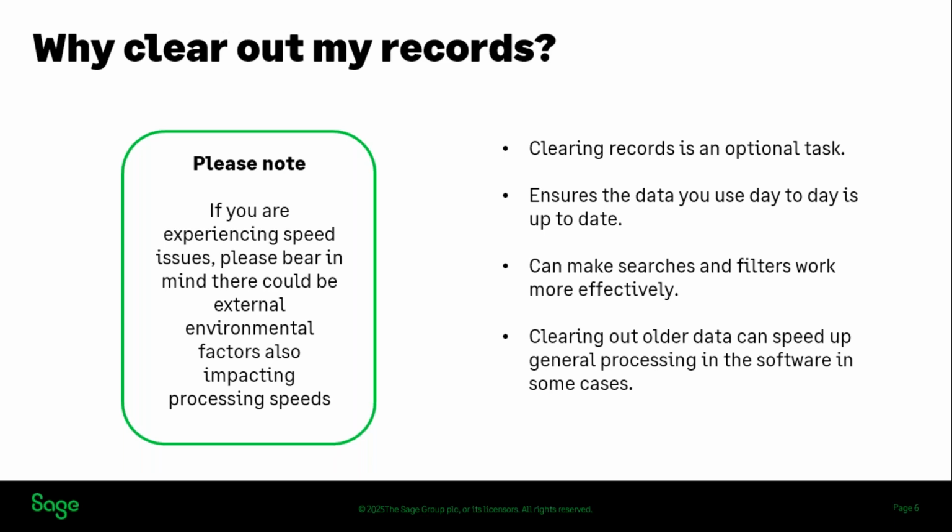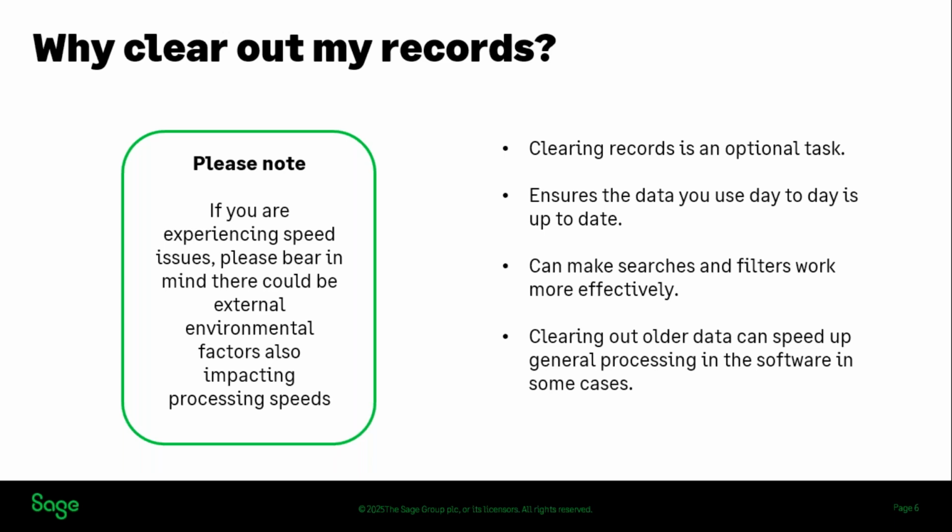What it also does, if you clear out your records, is it just means that the data you're using day in, day out is the most up-to-date data. It's the data that you need here and now. You're not trawling back through 10, 15 years of data each and every time. So it makes things like your searches and your filters work more effectively because they're only filtering through relevant data.